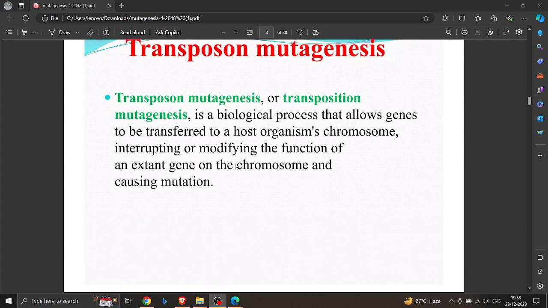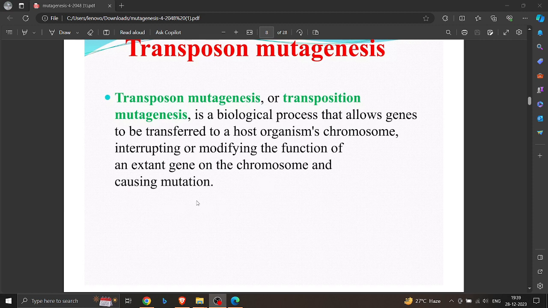Next, transposon mutagenesis. Transposon mutagenesis is also called transposition mutagenesis. This is a biological process that allows genes to be transferred to a host organism's chromosome, interrupting or modifying the function of an extant gene on the chromosome and causing mutation.